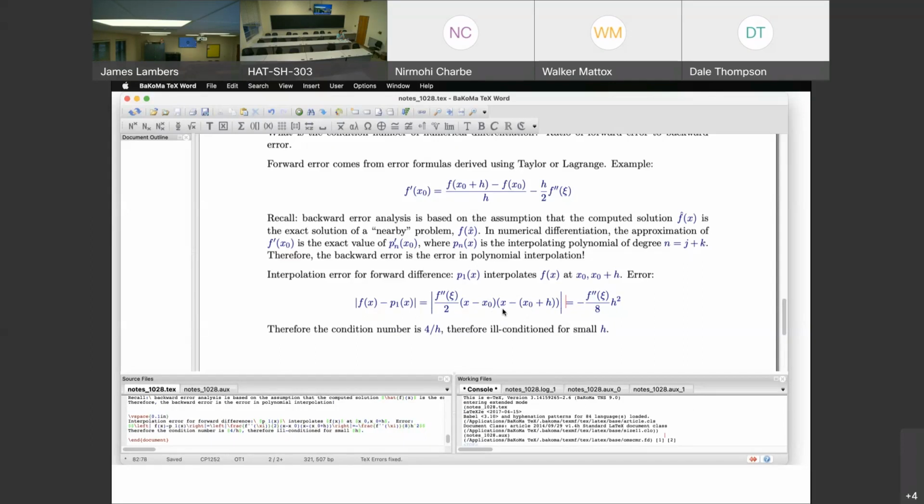So the maximum absolute value of this portion right here turns out to be h squared over 4. And that's what leads to this h squared over 8 factor here.